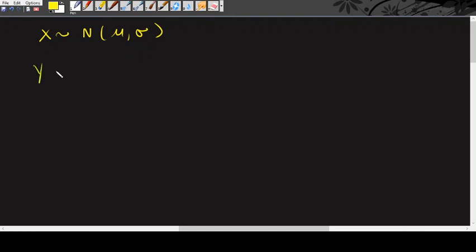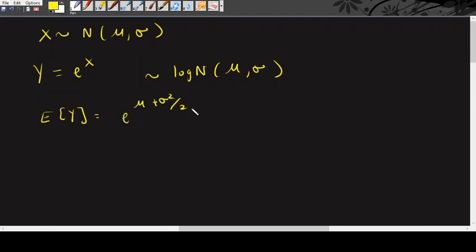So if y is the exponential of x, y is log normal with mu and sigma as the standard deviation, and the expected value of y is e to the mu plus sigma square over 2, and the variance of y is e to the 2 mu plus sigma square, times e to the sigma square minus 1.